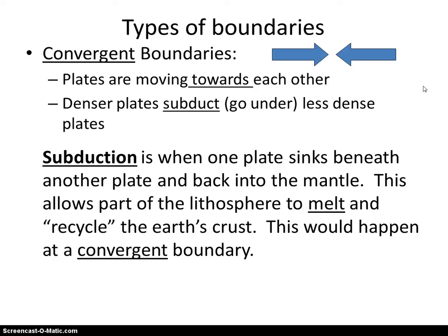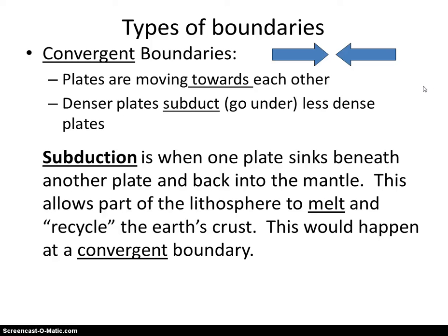Now the denser plates, where the atoms are more closely packed, subduct or go under other plates. So subduct is like subway, under the ground. The sub means under, like sub basement.